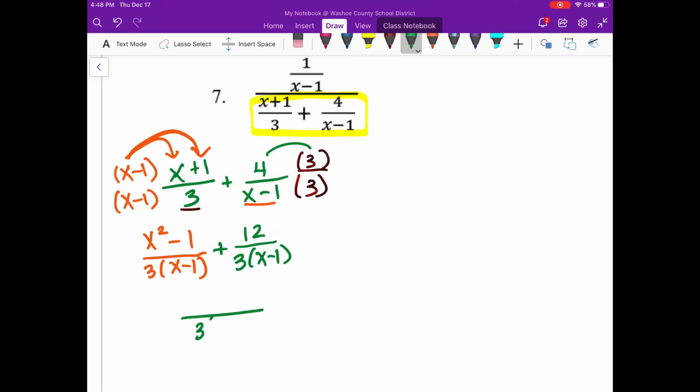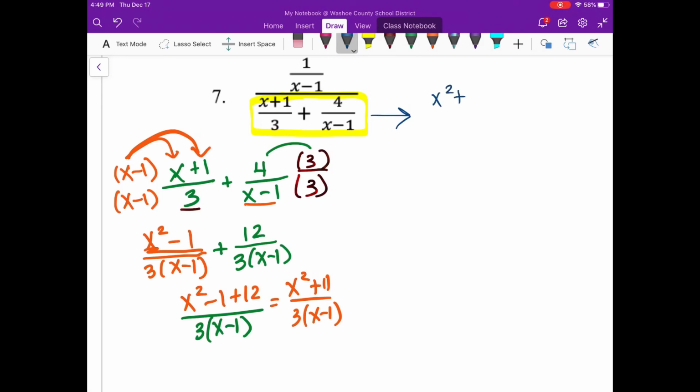Okay, so I can combine this as 1 now that I have my common denominator of 3x minus 1, and then going through, okay, so this is x squared minus 1. So we have a minus 1 here plus 12, which simplifies to 11, right? So it's x squared plus 11 over 3 times x minus 1.